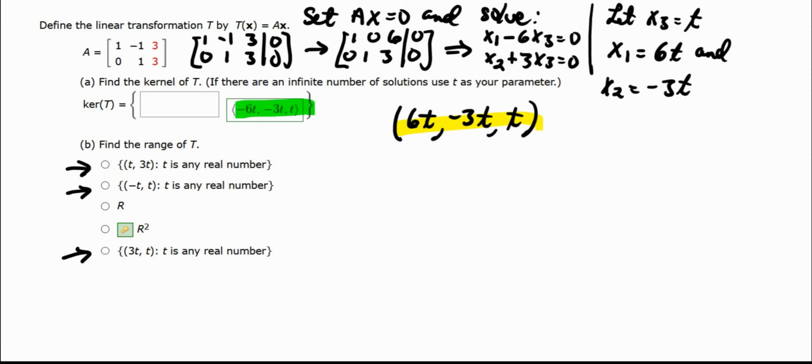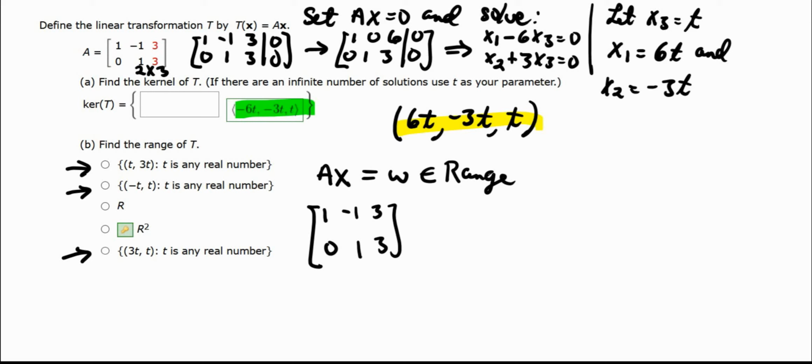Let me show you what's happening so you can see it. This A times some vector x is equal to some vector w that's in the range. Now remember, for matrix multiplication, this is rows and columns, so this is a 2 by 3. Which means that I need to multiply by a 3 by 1. So I have A, which is 1, negative 1, and 3, 0, 1, and 3, times a 3 by 1 matrix.